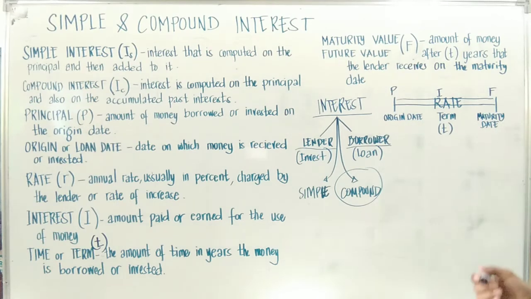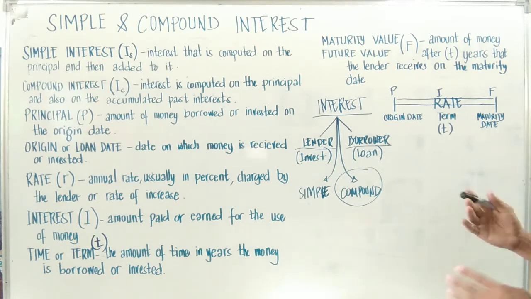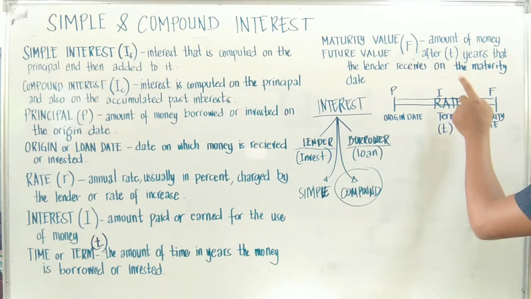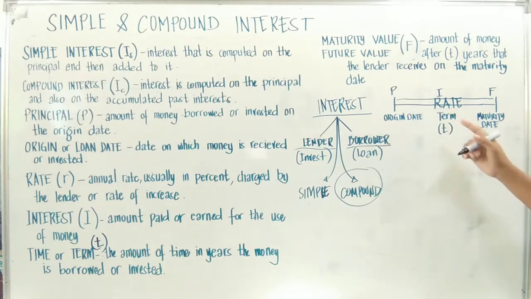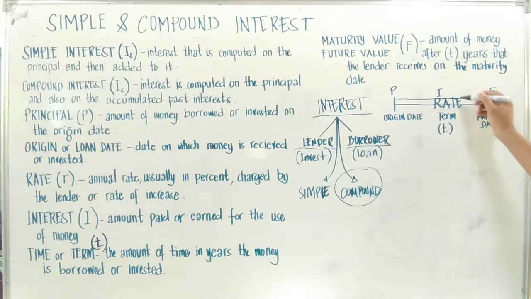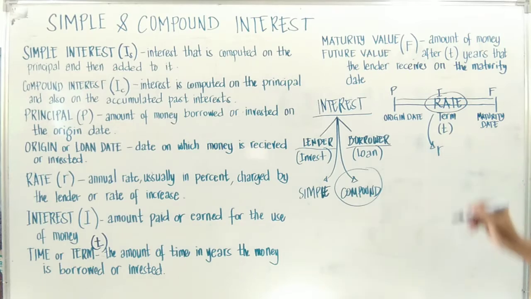Of course, when you are investing in institutions such as banks, you're investing a certain amount of money, then after a certain time, that money will become bigger. It depends on the rate of increase. Okay? So this rate is denoted by small letter r.